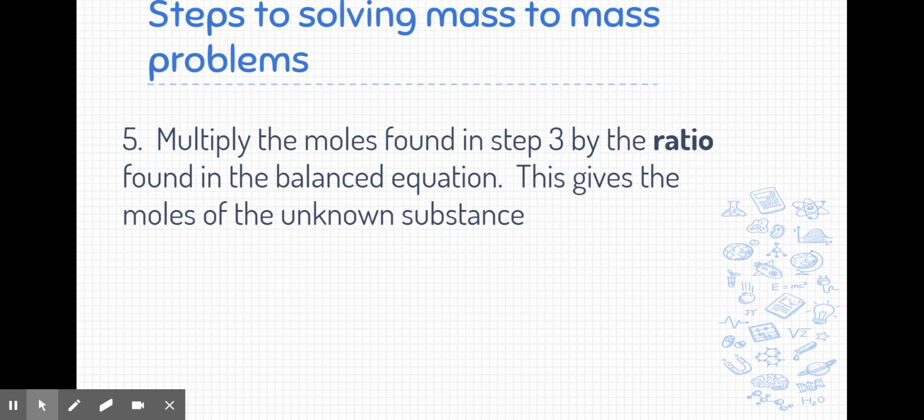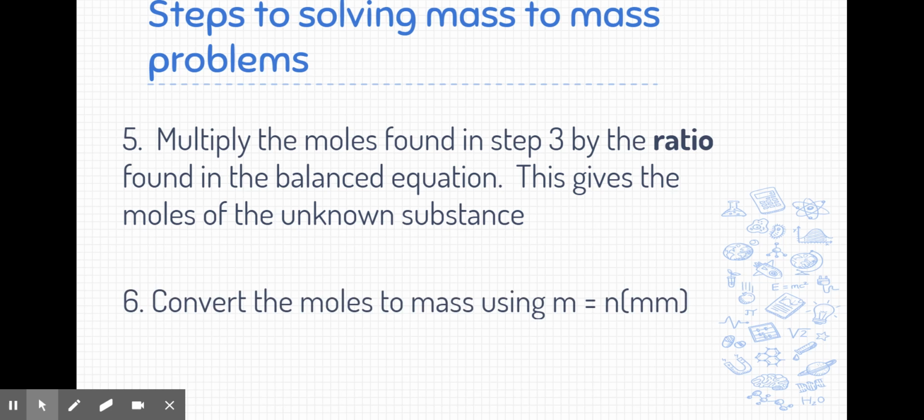And there's lots of ratios, but remember, it's the ratio between the two chemicals that you are using. The chemical that you have information about and the chemical that is your unknown quantity. By doing this, you will get the moles needed or the moles produced of the unknown substance.